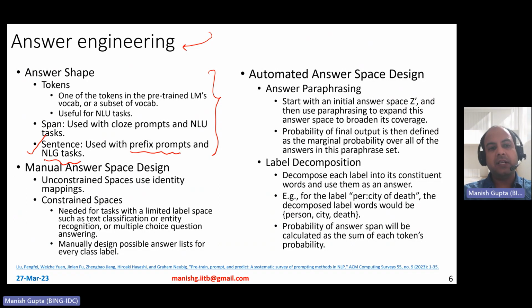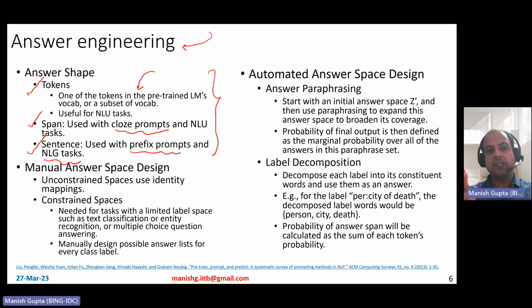But if you're doing NLU tasks, you have to do either tokens as predictions or spans as predictions. With tokens as predictions, one of the tokens in the pre-trained language model's vocabulary, or a subset of the vocabulary, could be output as an answer. And span is typically used with cloze prompts.